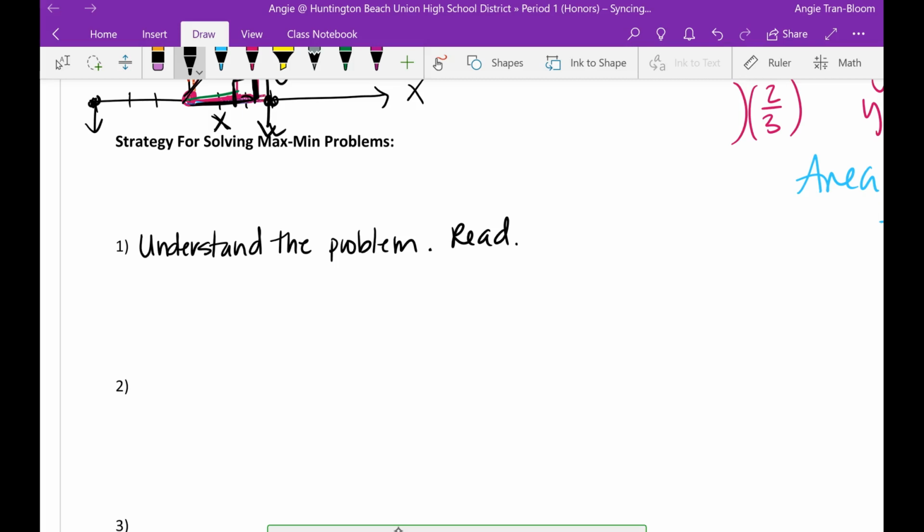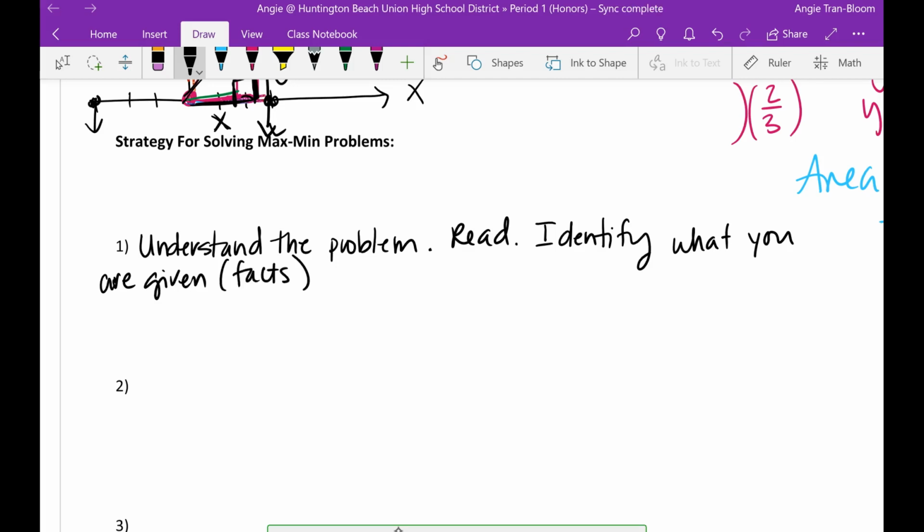Oftentimes, what you need to do is identify what you have, what you are given, aka the facts that I give you, and what you're trying to find.